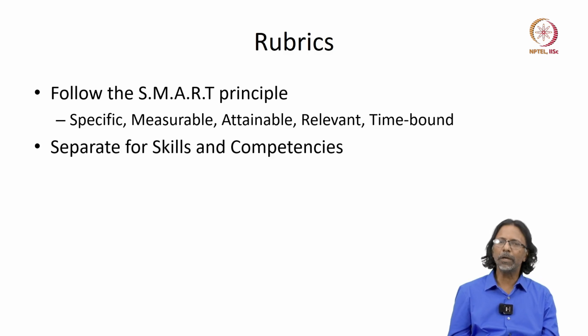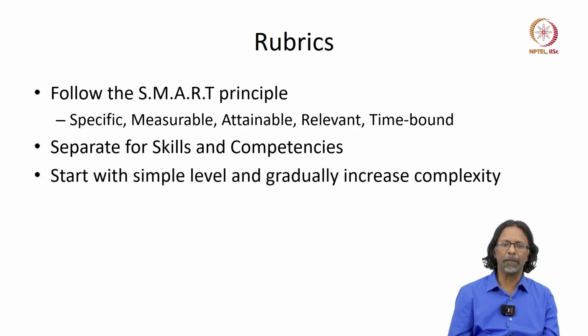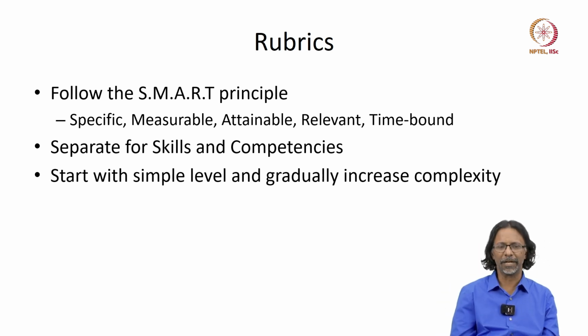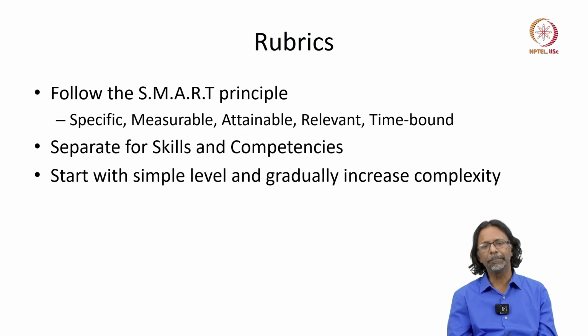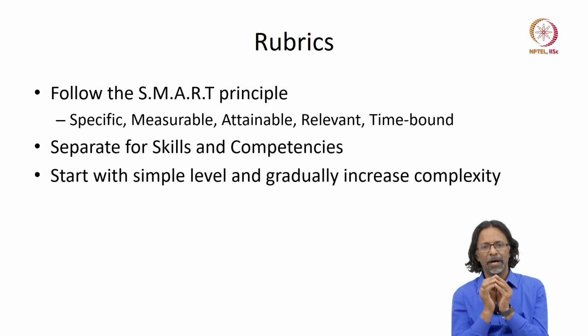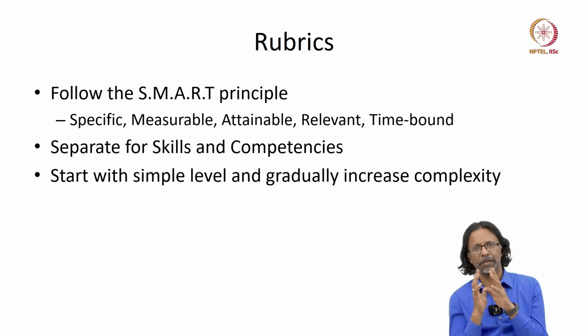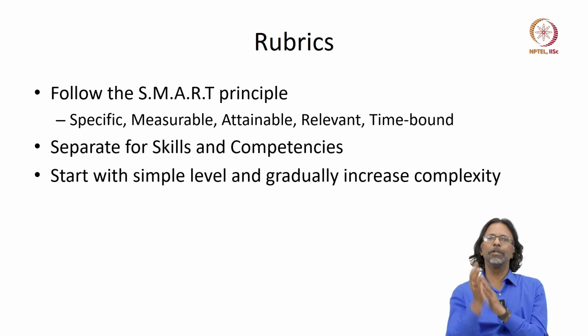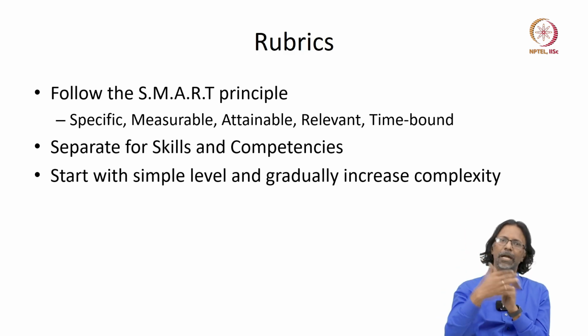And we should not combine them, right? We have to have separate rubrics for skills and competencies, and we can also have graded levels, right? We start with simple levels and then increase the complexity for the same skill. So we can have a rubric which is relevant to a novice level, and then you keep going to the advanced levels.